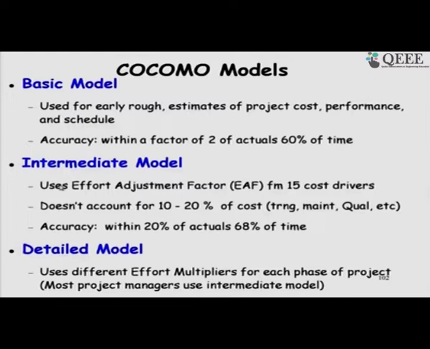Whereas, in the intermediate model, we take the basic model and refine the results. We use an effort adjustment factor based on 15 cost drivers. Here, as you will see, it also does not consider many things in computing the effort, for example, training requirement, quality etcetera.